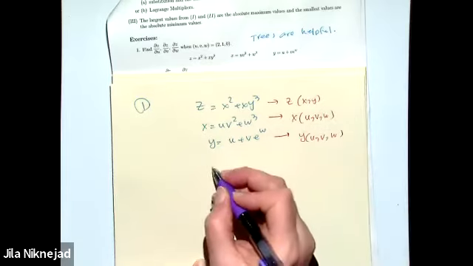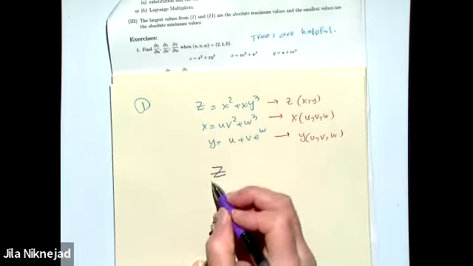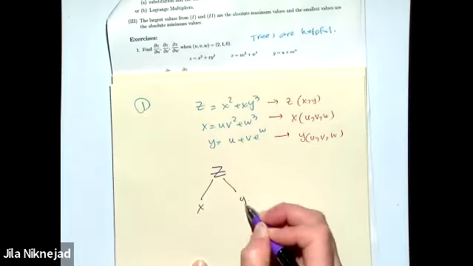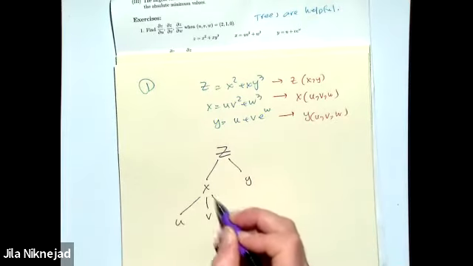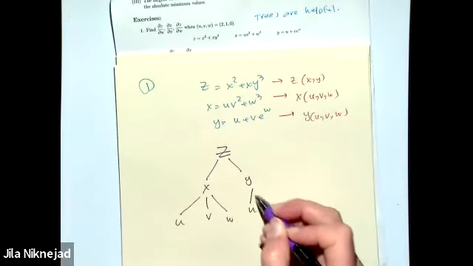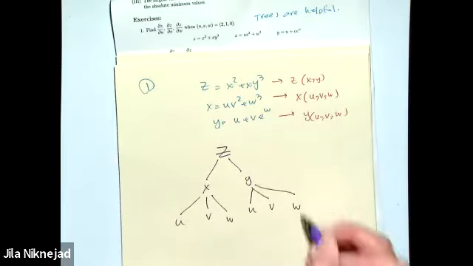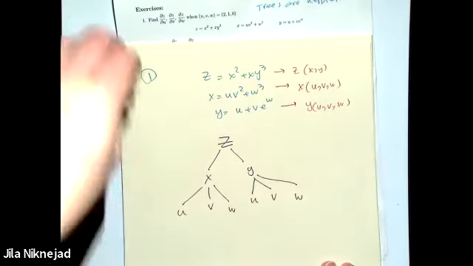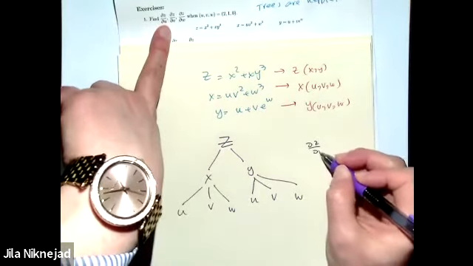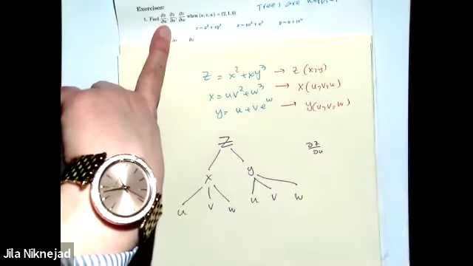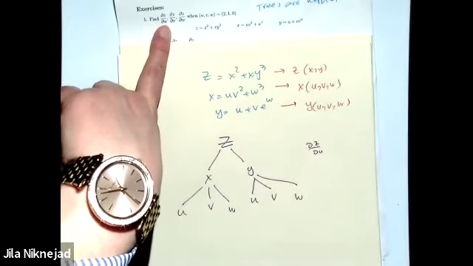So I start from the very outer z. Z is connected to x and y. And then x and y are connected to u, v, and w. And then the question is asking to find the partial of z with respect to u, partial z with respect to v and w, and so on and so forth.